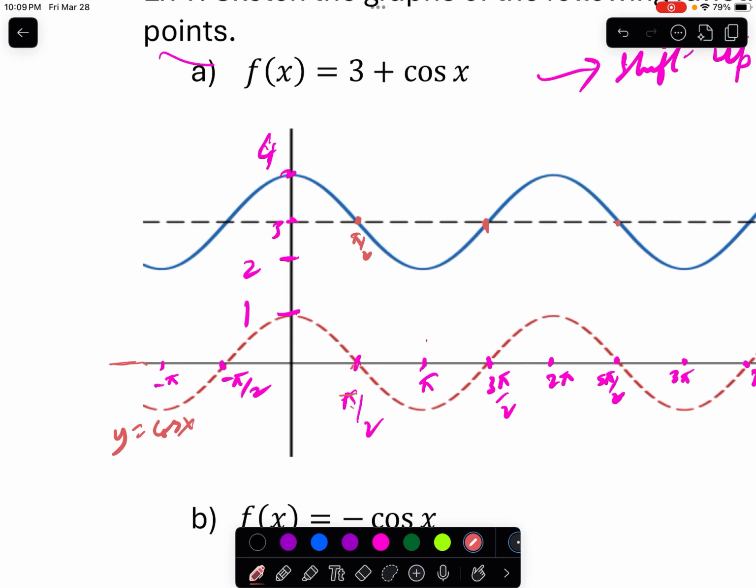So basically what you will do is draw this dashed line, put your pi over 2, these numbers on the x-axis, put them on this line here. This is 2 pi.